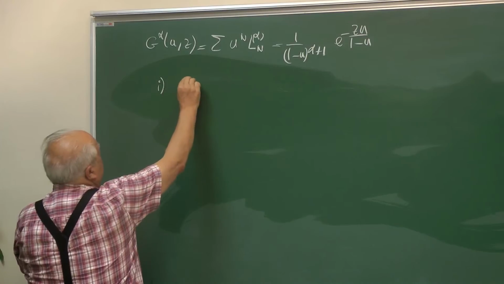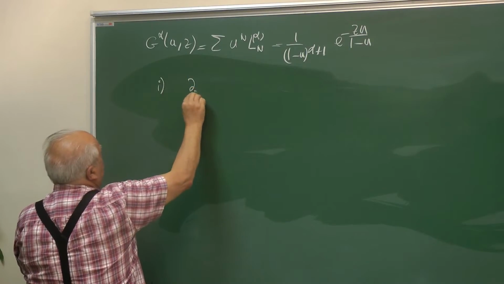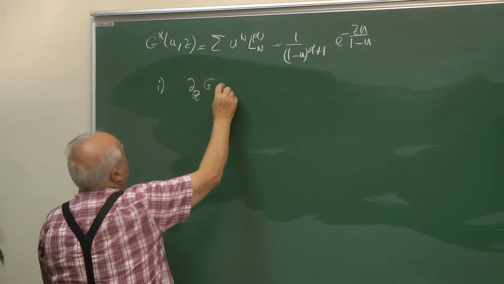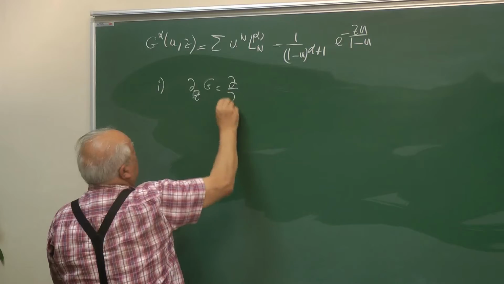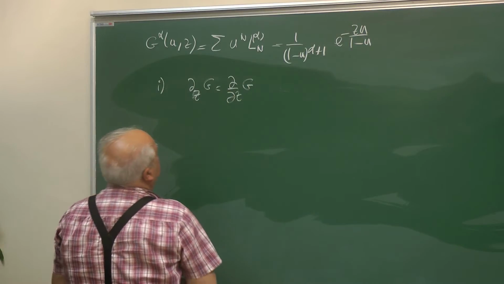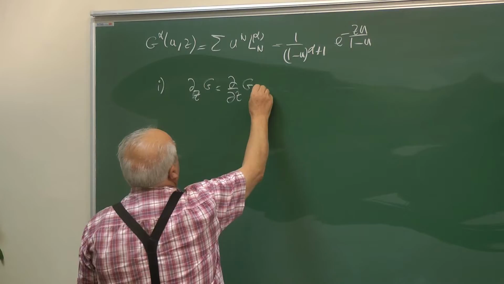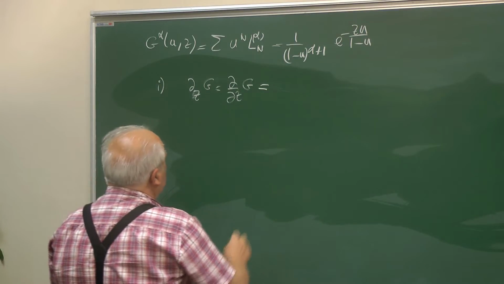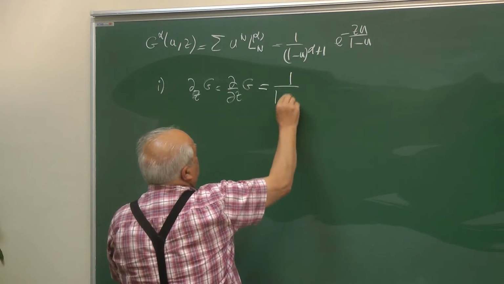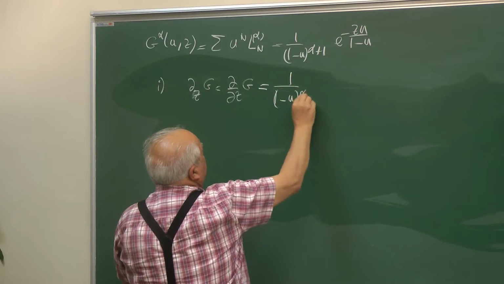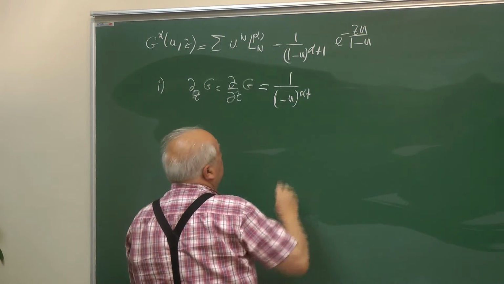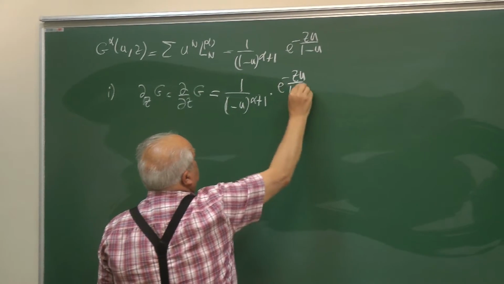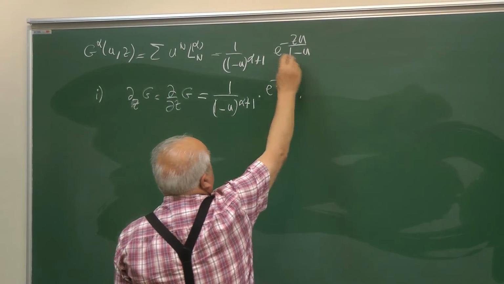Let us differentiate with respect to z, delta z G. This is equal to 1 over 1 minus u to the alpha plus 1 times e to the minus zu over 1 minus u times the derivative of the inside.